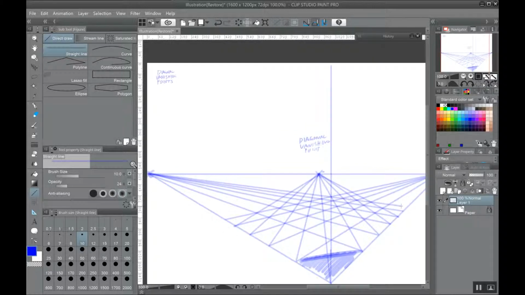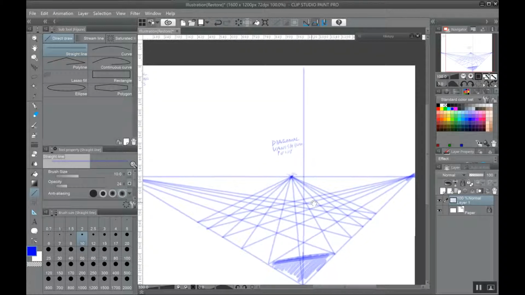Let's see. Left and right. Am I at left and right now? Yes, left and right. Diagonal. I had a really hard time learning about this. When I first learned about this, I kept getting the lefts and rights and the diagonals mixed up. Look how many lines there are. It's so confusing. How do you teach something like this? It can be really confusing because there are so many lines going everywhere.